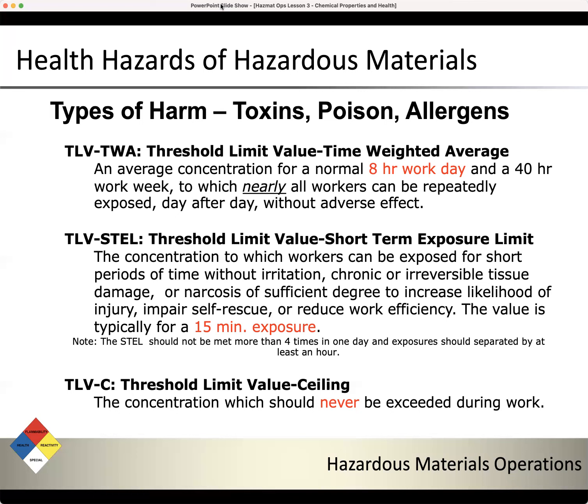Again, I just made that 200 up for carbon monoxide. I just don't know what it is. But it's going to be higher than the time weighted average. So time weighted average is 8 hours. Short term exposure limit is 15.